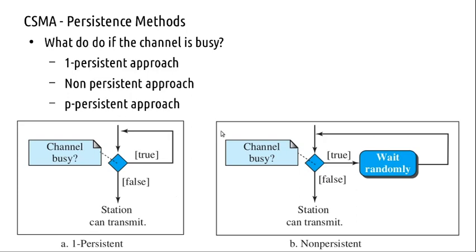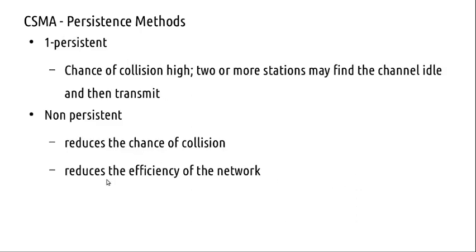The non-persistent approach is that each of these nodes will check whether the channel is idle or not, and if it is idle, it will transmit, else it will wait for a random duration and then check again, and transmit only if the channel is idle. The problem with the non-persistent approach is that your network efficiency is reduced.